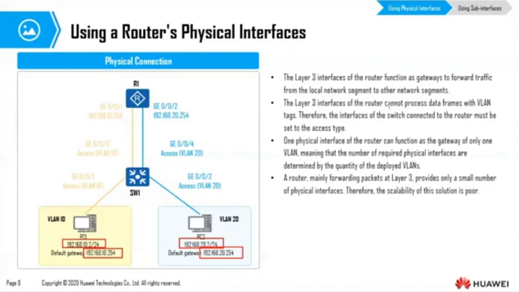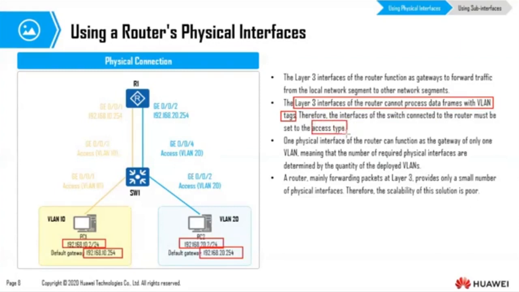Okay, so layer 3 interfaces of the router cannot process. This one is important. Layer 3 interfaces of the router cannot process data with VLAN tags. Therefore, the interfaces of the switch connected to the router must be set to what?